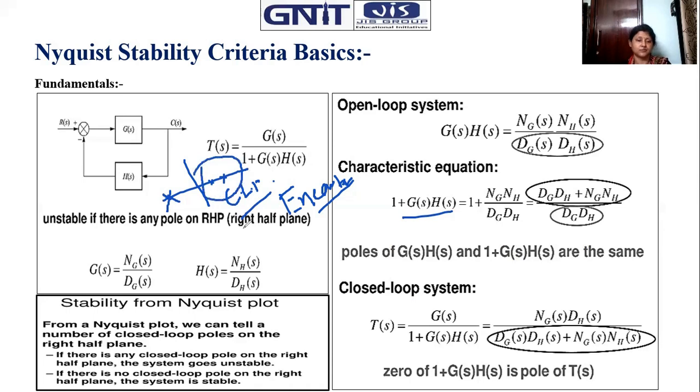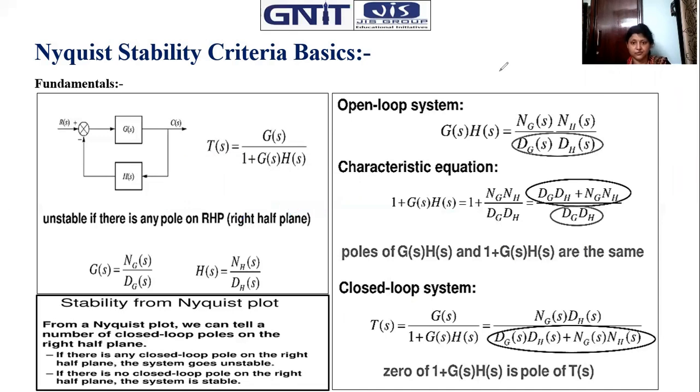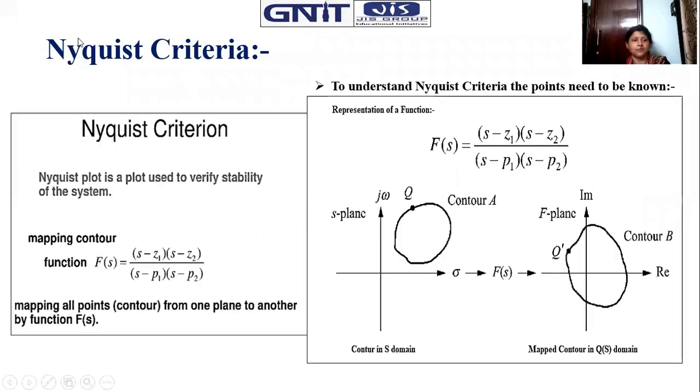From the Nyquist plot, which we don't yet know how to draw, it is coming later on, we want to find the number of right hand side poles of the system, that is, the closed loop poles that exist. We will encounter that through the Nyquist plot using the stability criteria.